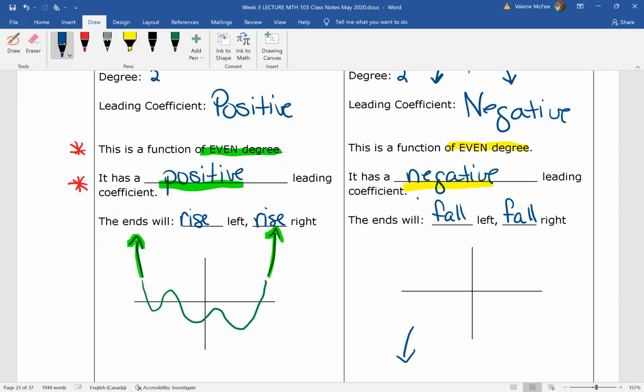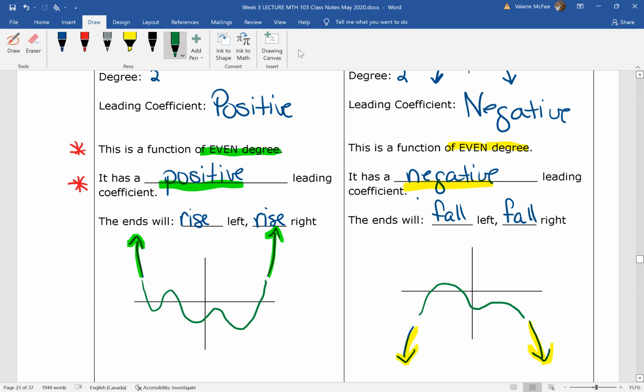Both ends will be falling. In between, the graph will do whatever the equation tells it to do. But we're interested in the ends. So those are graphs with an even degree.